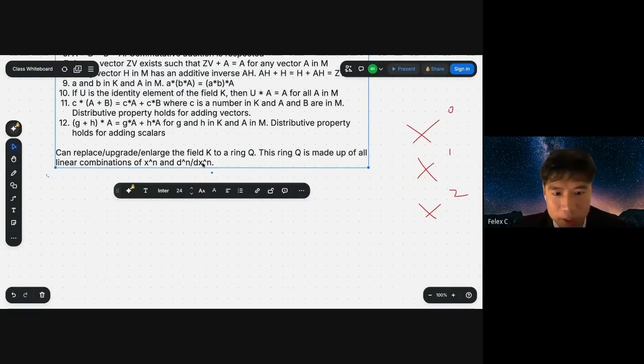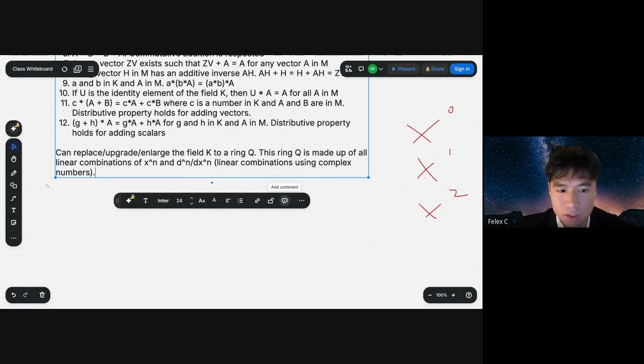By linear combinations, we mean linear combinations using complex numbers. Obviously x^0 is also in Q, and so is d^0/dx^0, which is of course just nothing. It's not even a derivative. Just nothing, it stays the same.